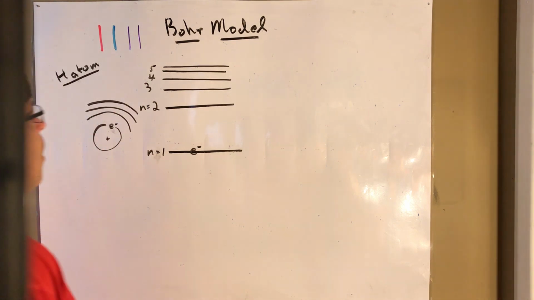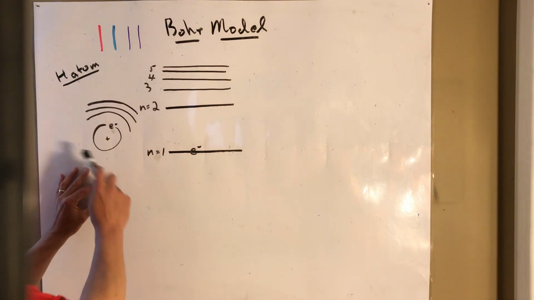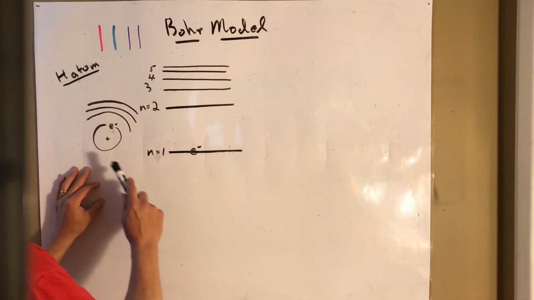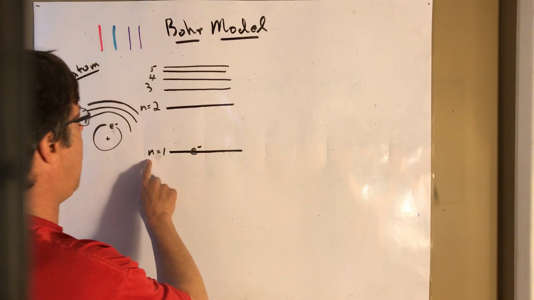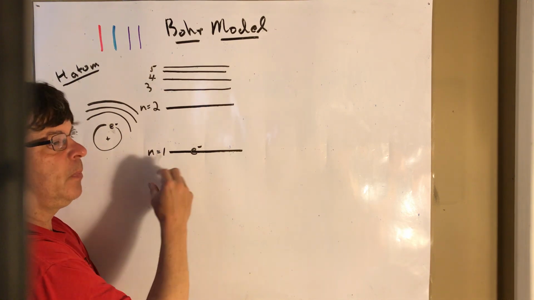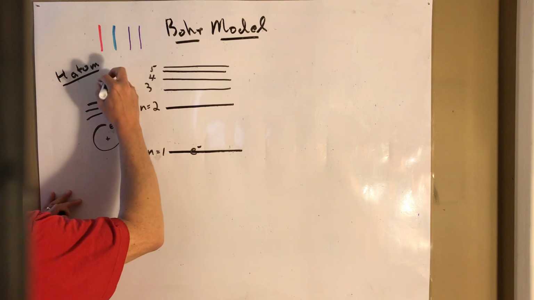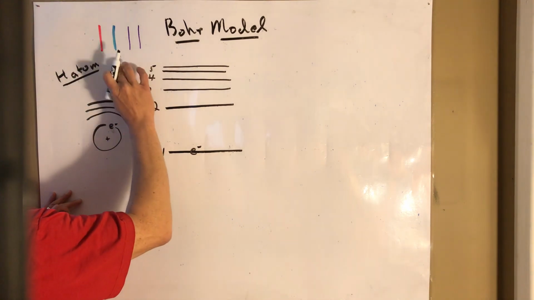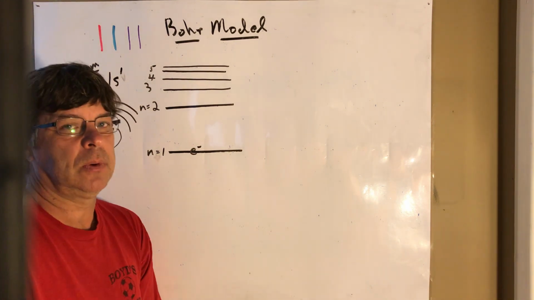Here's a picture of a hydrogen atom, but instead of drawing circles for the energy levels, what I like to do is just make this vertical. N is an abbreviation for the energy level, and in the ground state, the hydrogen atom has an electron on the first energy level in an s orbital.